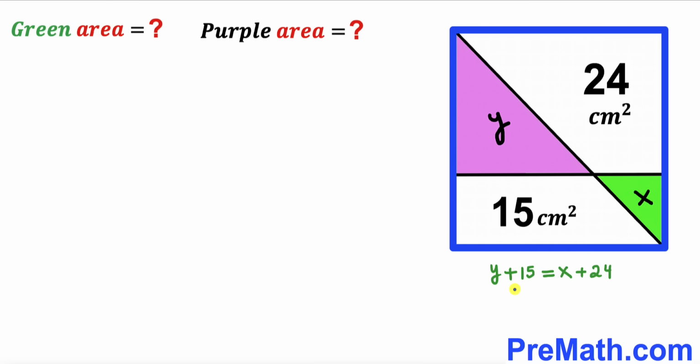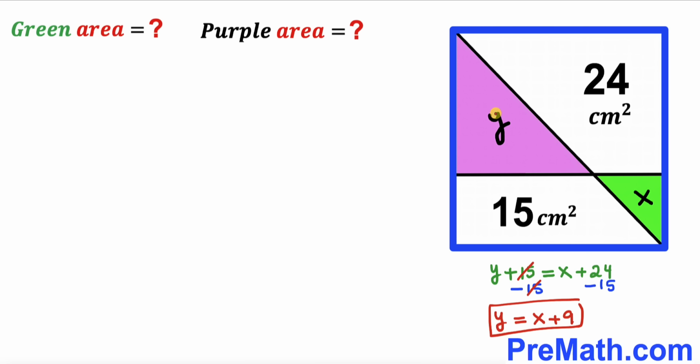And if I subtract 15 from both sides, then we can see this cancels out. So therefore our y value is going to be equal to x plus 9.